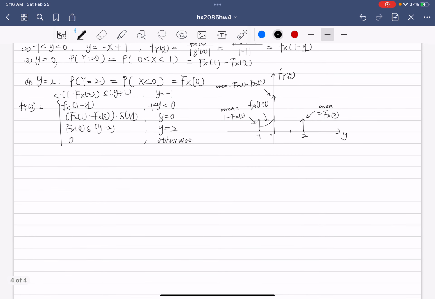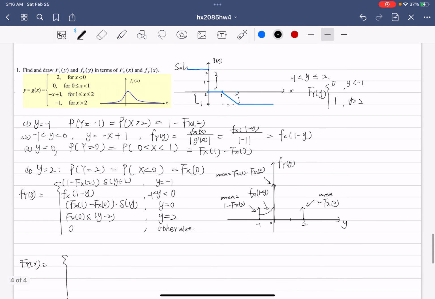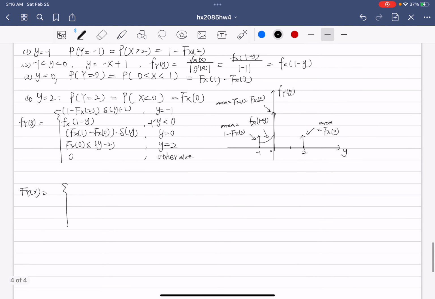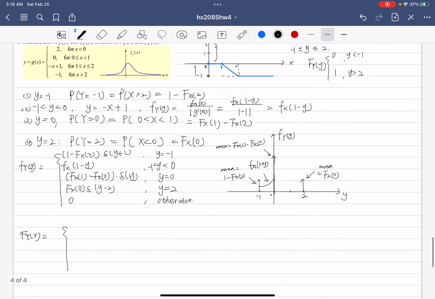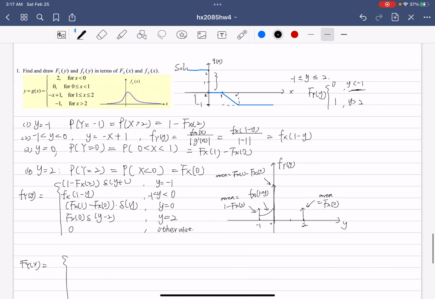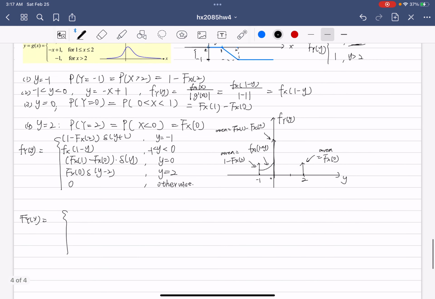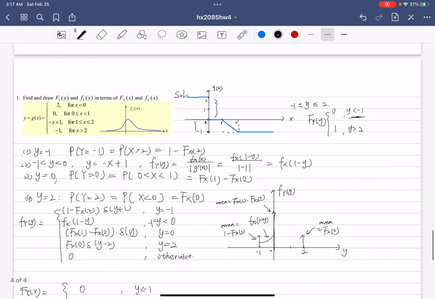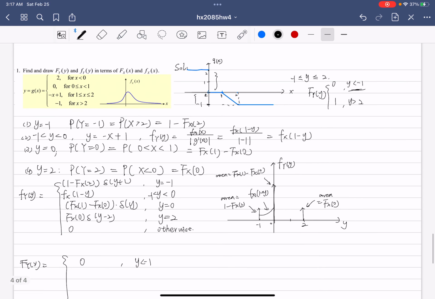Then we can easily get the distribution function of y. We know that when y is less than -1, it will be 0. And when y is larger than 2, it will be 1.